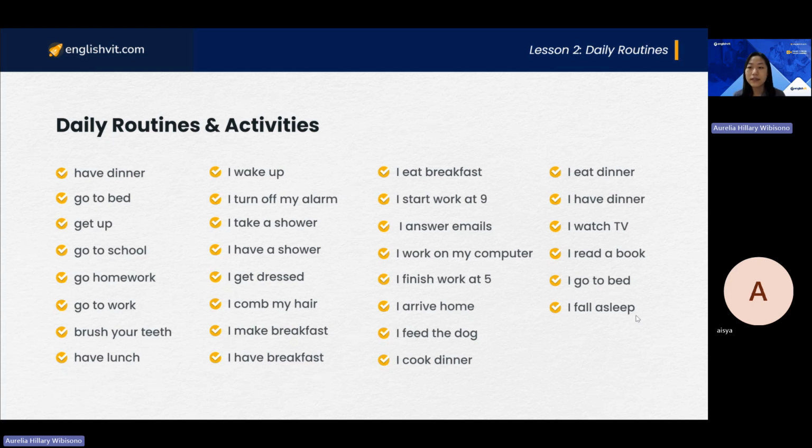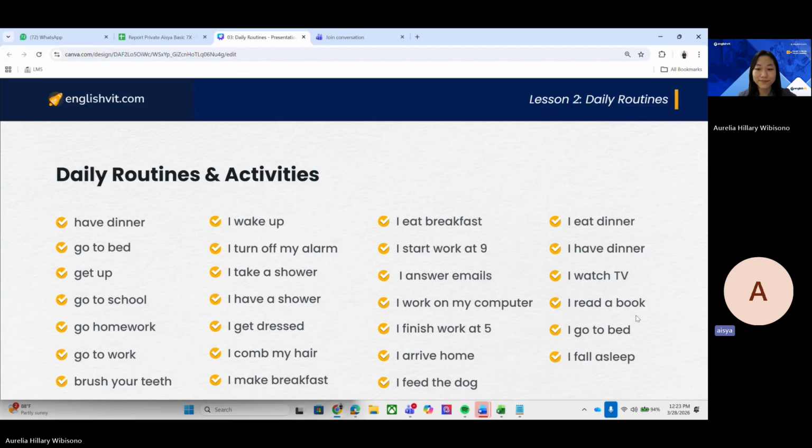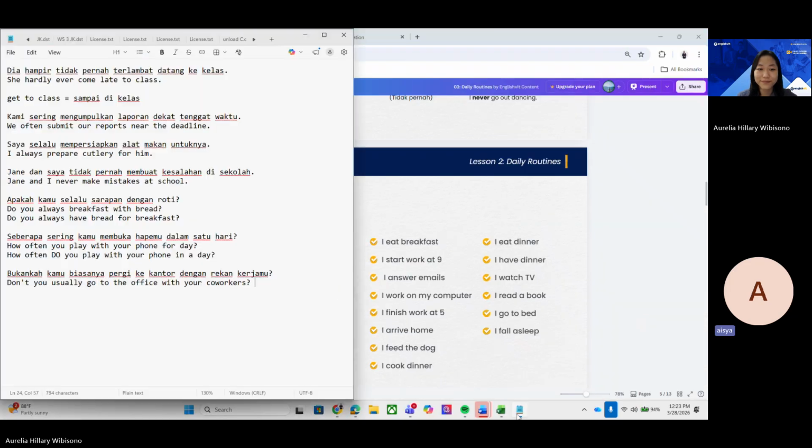Now I want to add some more vocabularies. Do you know what is the English word for pekerjaan rumah? Homework. Oh, I mean the tugas rumah yang bersih-bersih rumah. Not that homework. Household.